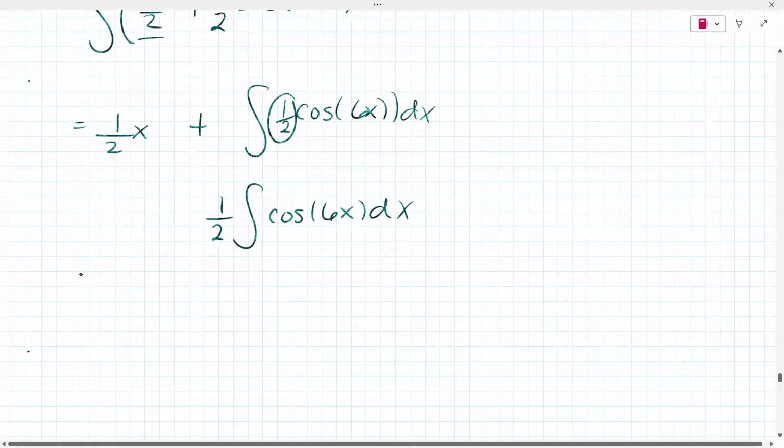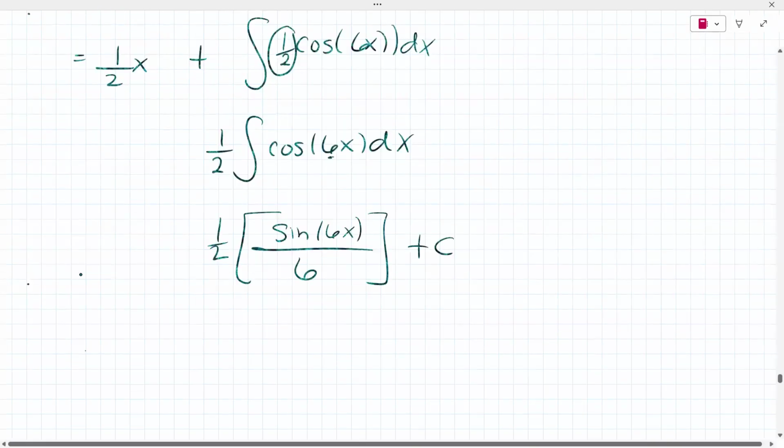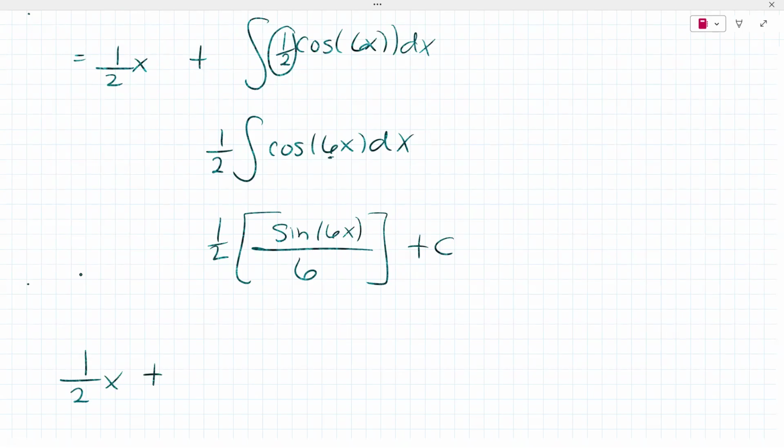What is the integration of cosine 6x dx? Well, it's going to be sin of 6x, and then you divide it by 6, or the derivative of 6x, which is 6. And don't forget, we still took out this 1/2. Okay, so your final answer is going to be 1/2 x plus 1/2 times 1/6 is 1/12 of sin of 6x plus c.